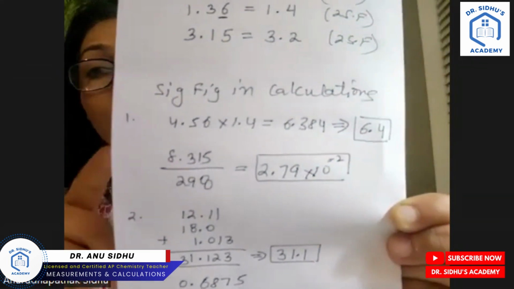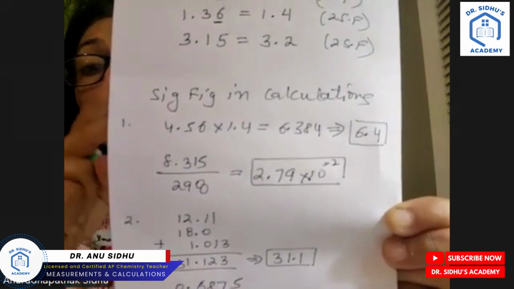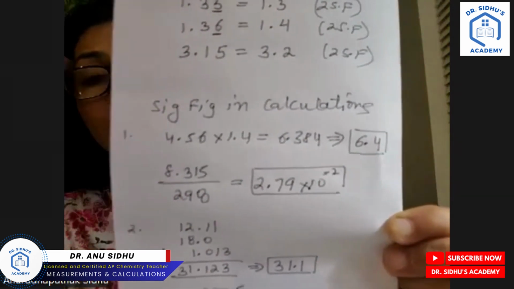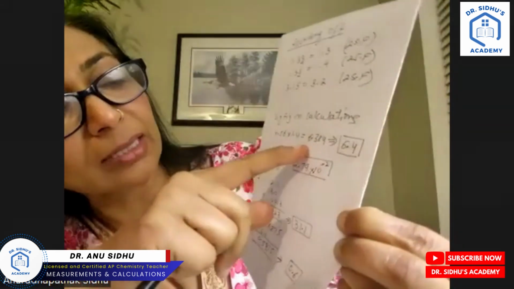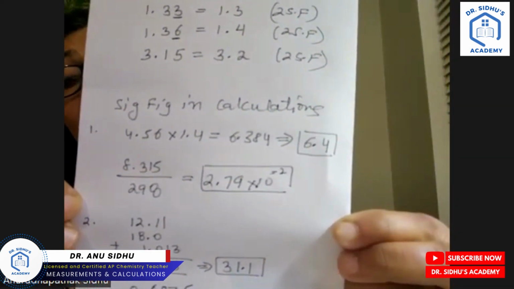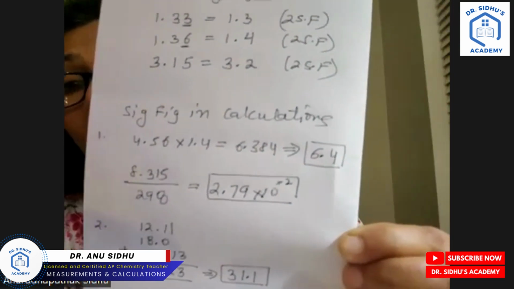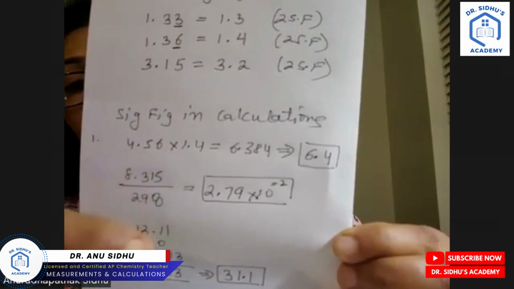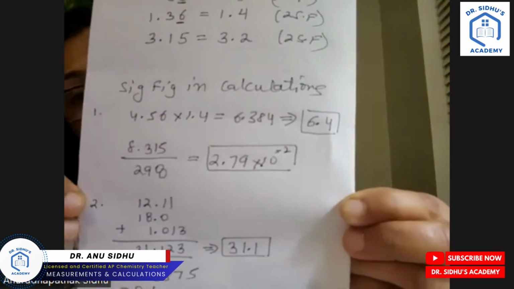So we have to report our answer to 2 sig figs, because 2 is the lesser one. Rather than 6.384, it should be 6.3. But then 8 is bigger than 5, so we have to add 1 up. So the answer should be 6.4.